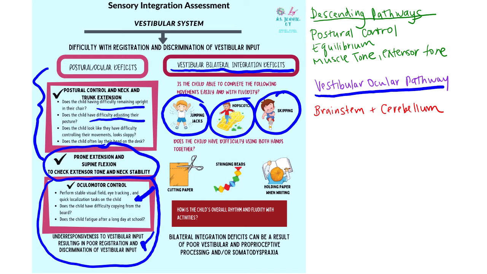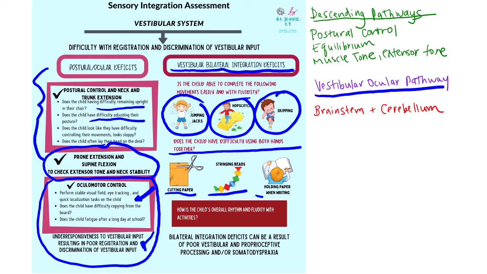And then you would also look at their bilateral coordination with fine motor activities. Are they able to hold their paper while also using scissors and cutting? Can they string beads? That would be at the preschool level. Are they having a hard time coordinating putting the bead on, transferring it over, and pulling it across midline?